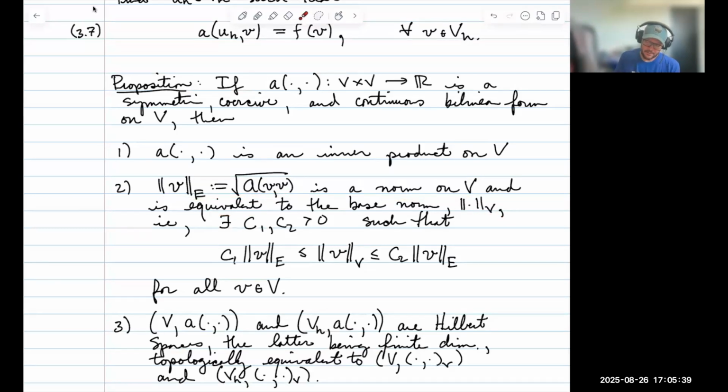In other words, the word equivalent in terms of norms means something very important. It means there exist constants C1 and C2 such that C1 times the norm of v in the energy norm is less than the norm of v in the base norm, which is less than or equal to C2 times the norm of v in the energy norm, for all v in V. So that means that the topologies that these things describe are exactly the same.